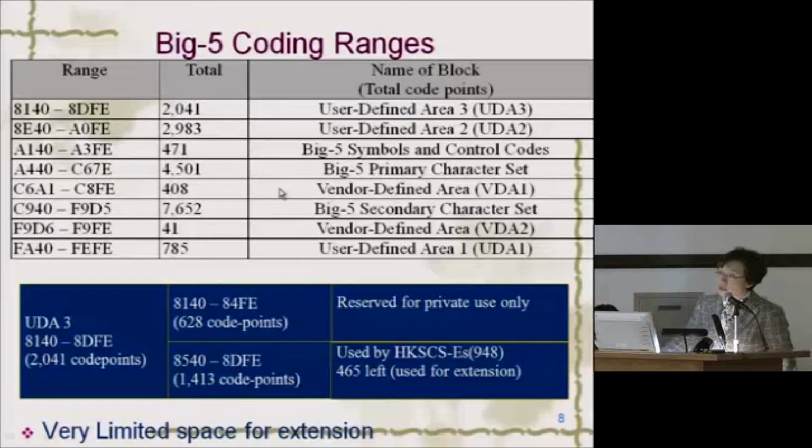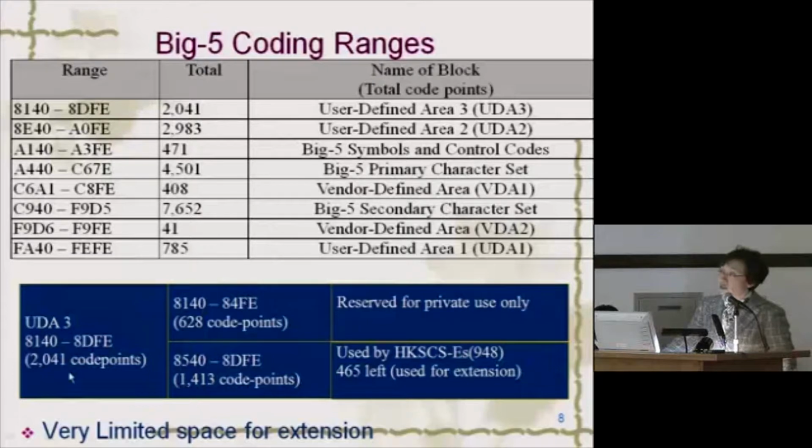The point is, when setting up HKSCS, we have to face a limited space. In the Big Five system, the areas where you can extend characters are the so-called user-defined area 1, user-defined area 2, and user-defined area 3. Under the first version of HKSCS, UDA1 and UDA2 are all fully occupied.